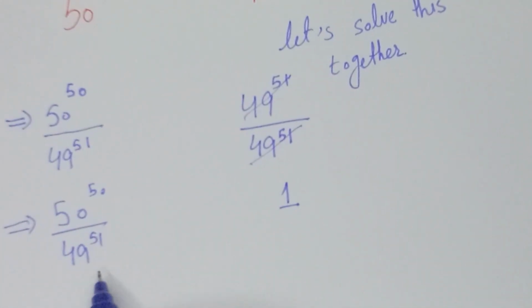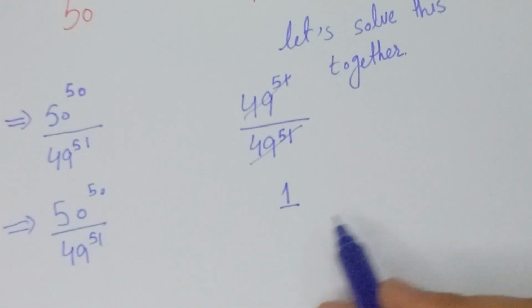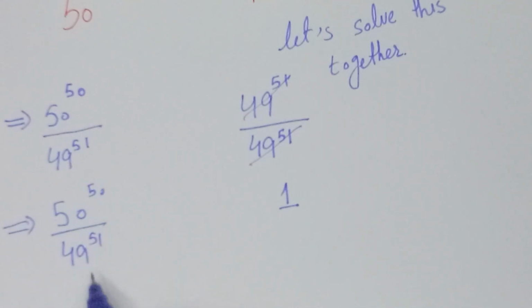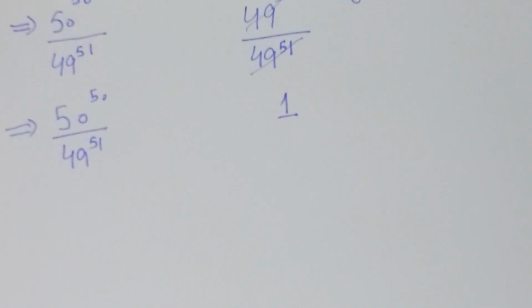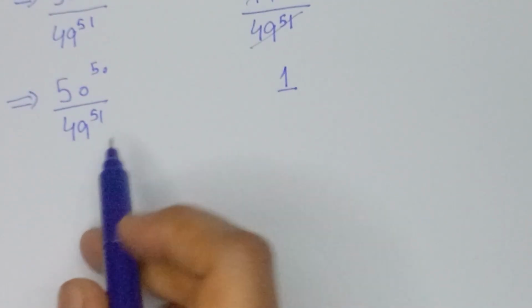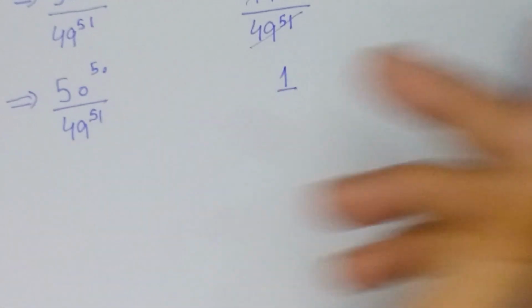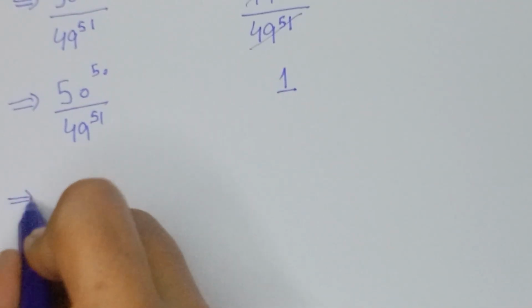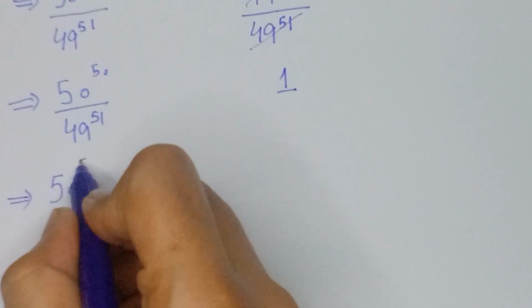Now as you can see, we are comparing this term to this term. This term has become very simple, but we have to sort this down to the simplest form. 49 power 51, and 50 to the power of 50.